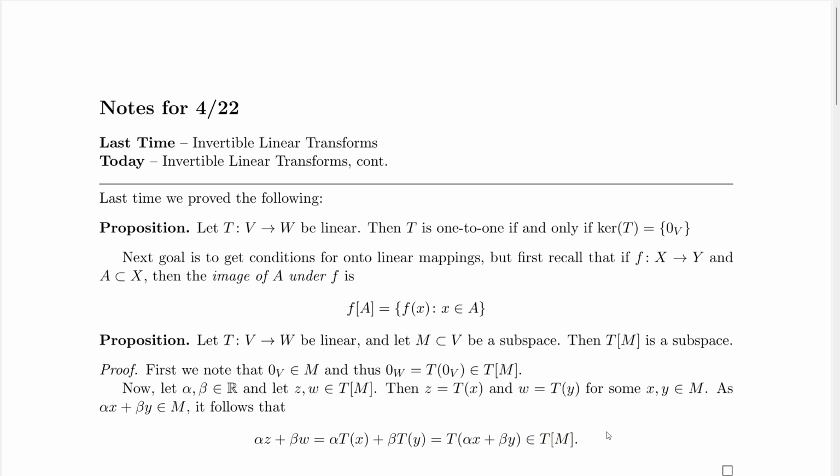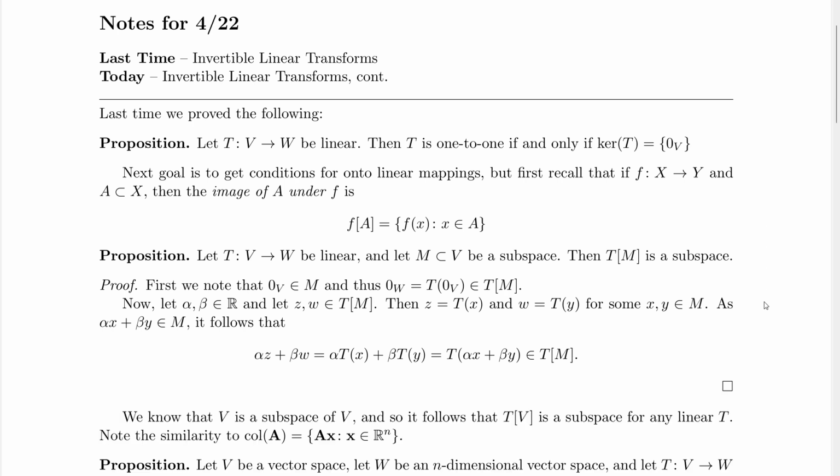Yay! Pretty similar setup to what we did last time when we proved the necessary and sufficient condition for 1-to-1. We proved inverse images of subspaces are subspaces, then we noted that the kernel, the set of inputs that get mapped to 0, is a subspace in its own right.